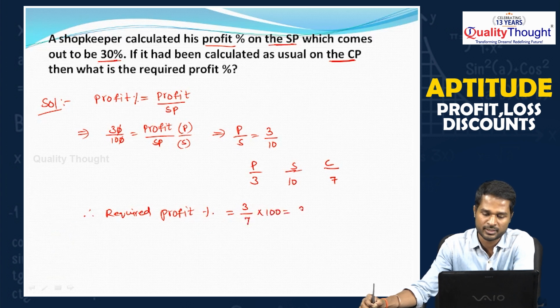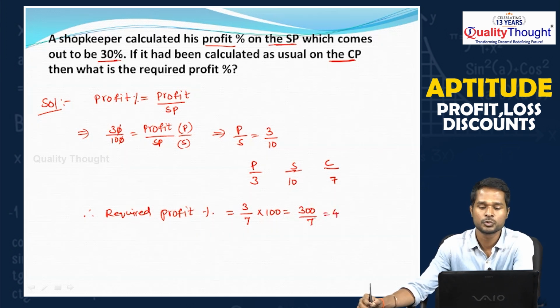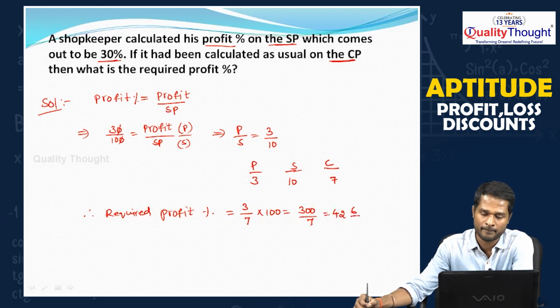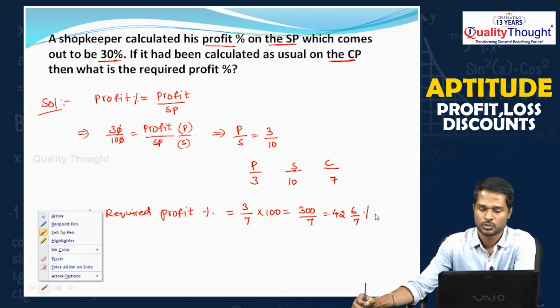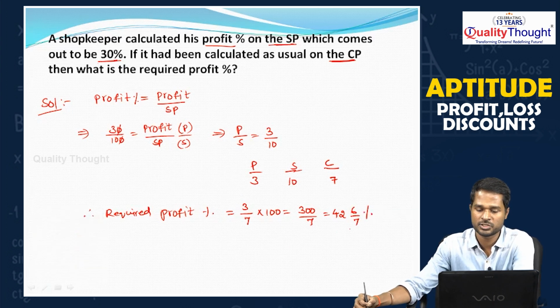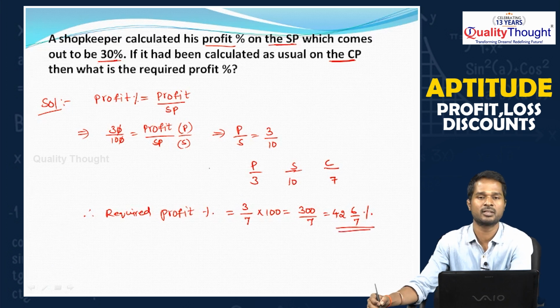So, this is 300 by 7. 7 4s are 28, 2 will remain, 7 2s are 14, 6 will remain, by 7 percent. So, the actual profit percentage is 42 and 6 by 7 percent.